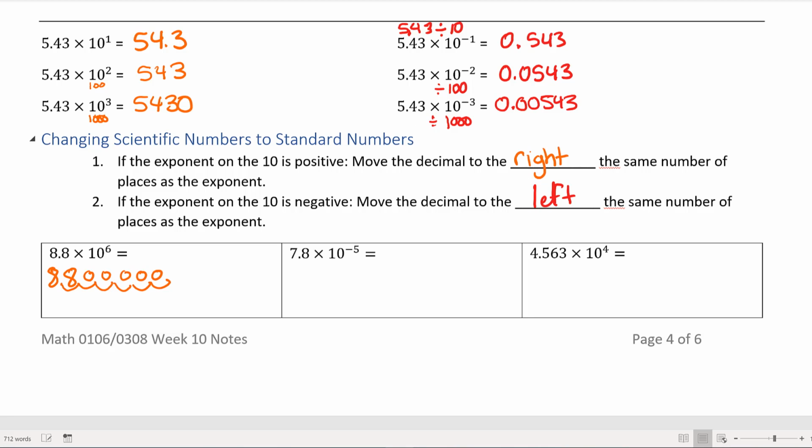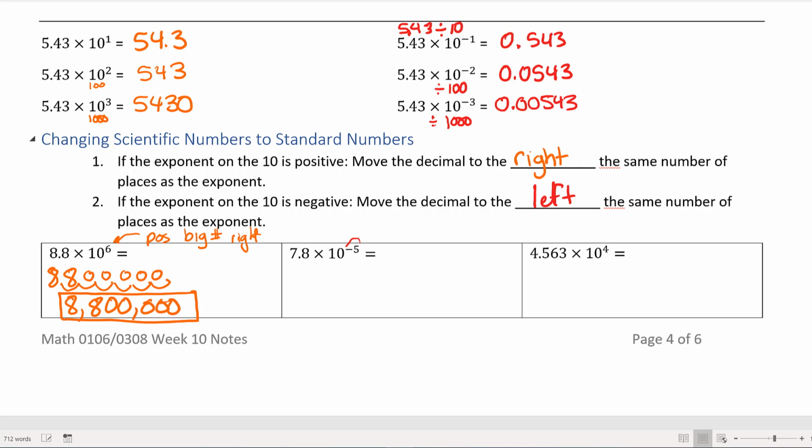So that gets me 8,800,000. So 8.8 times 10 to the 6 really is 8,800,000. We know it's getting bigger when the exponent is positive. That means you're getting a big number. Big numbers mean you move it to the right.